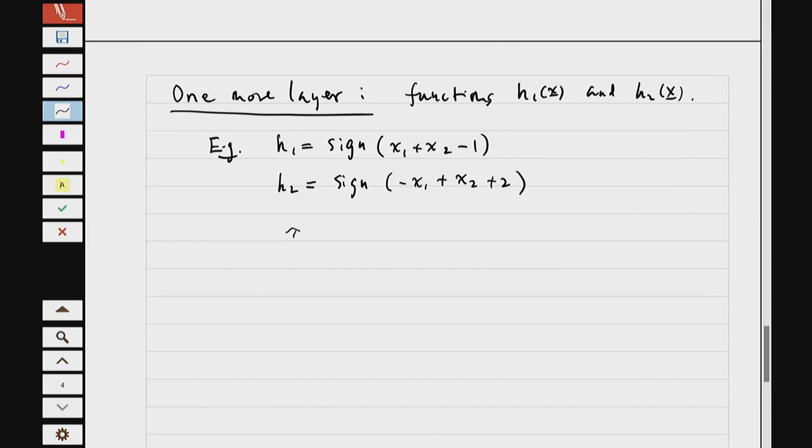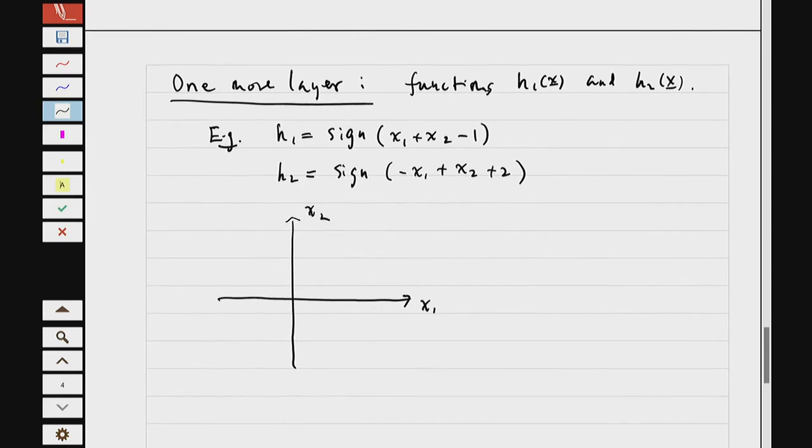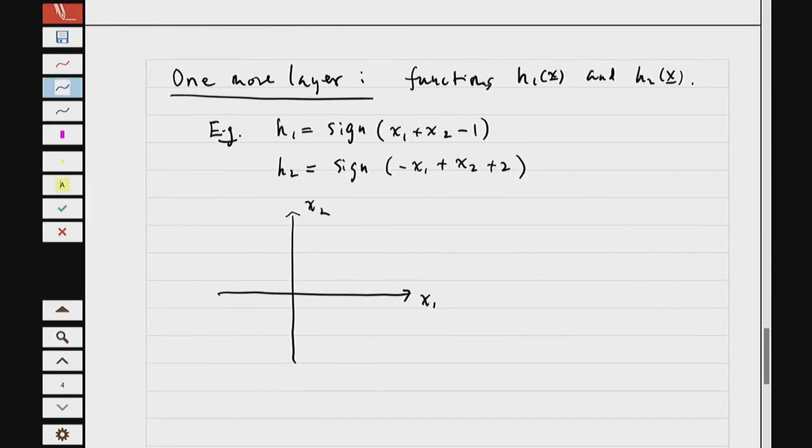So what do they represent? H1 would be, with X1, X2 here, this is H1. This side would be H1 is +1, the other side will be -1.